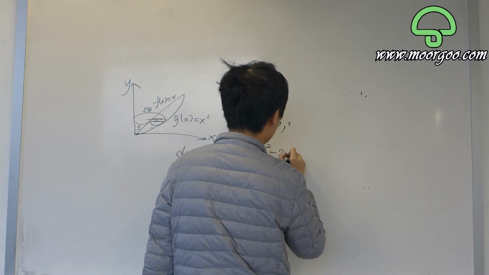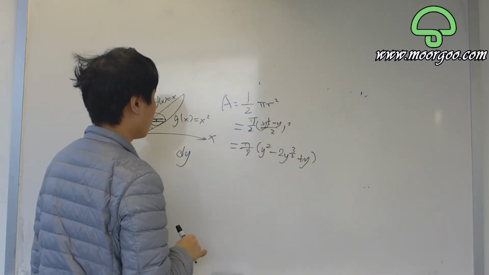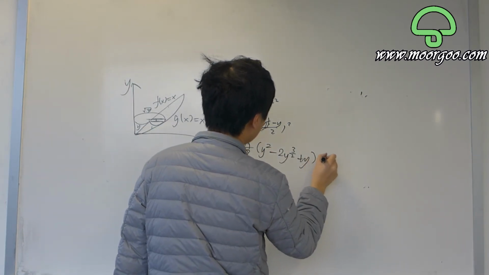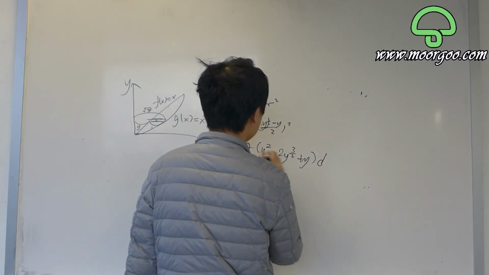Simplify. Okay, so dV will equal this times dy.